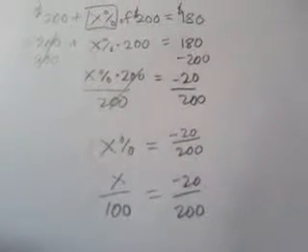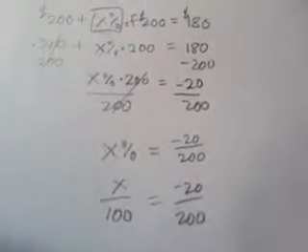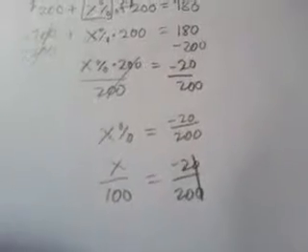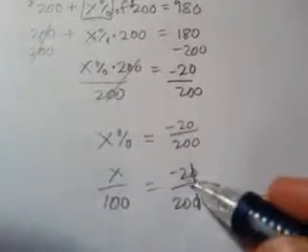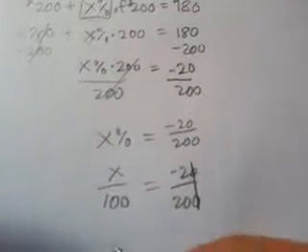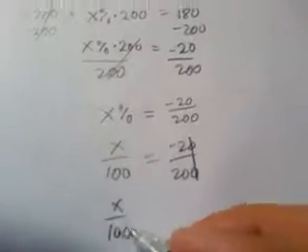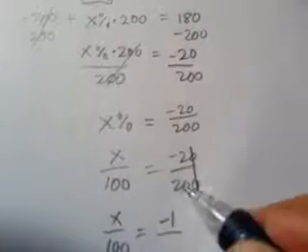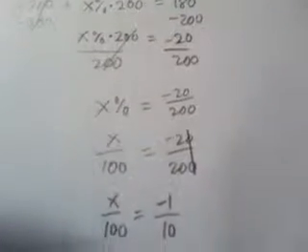If you want to, we could cross multiply at this point, but I could also divide top and bottom by 10 so that the zeros disappear. I could also divide the top and bottom by 2. What would I get? I would get x over 100 is equal to negative 2 divided by 2, negative 1, and 20 divided by 2, I would get 10.